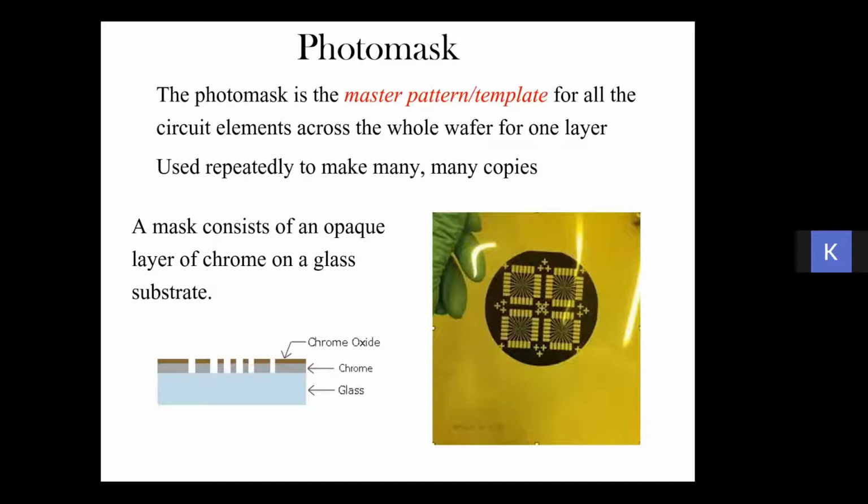Now, normally a photomask is chrome coated glass. That means you have a glass or a quartz substrate, and that is coated with chrome. That means chrome acts as the opaque region of your mask.